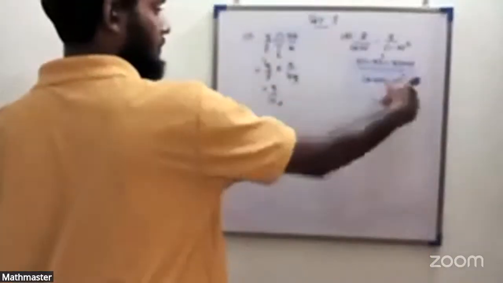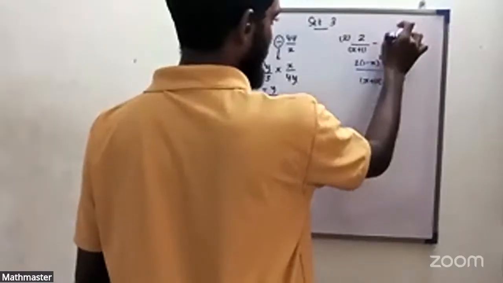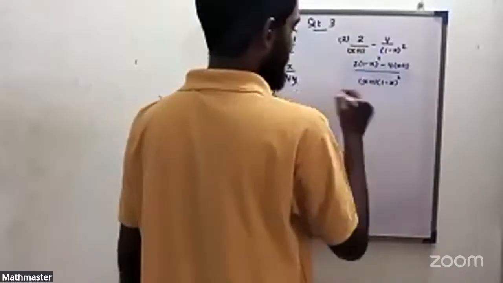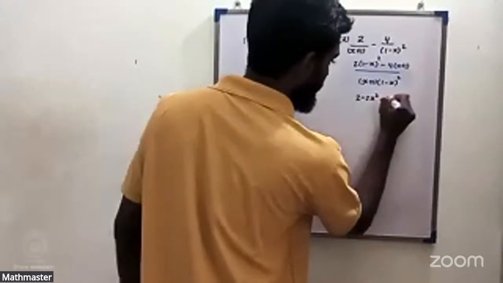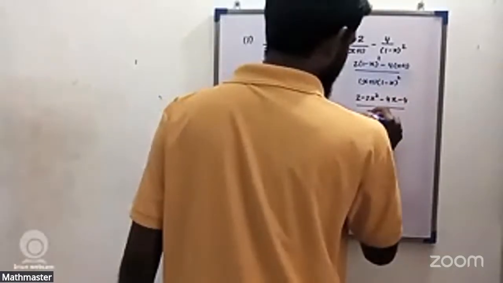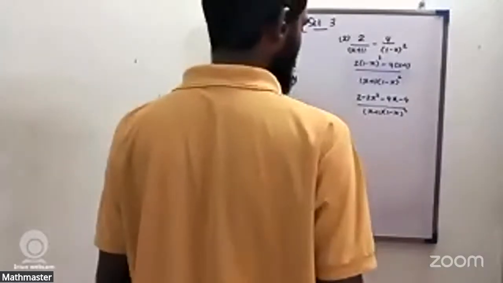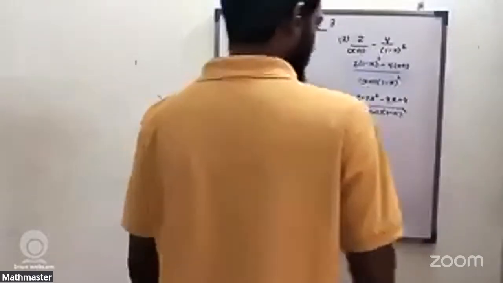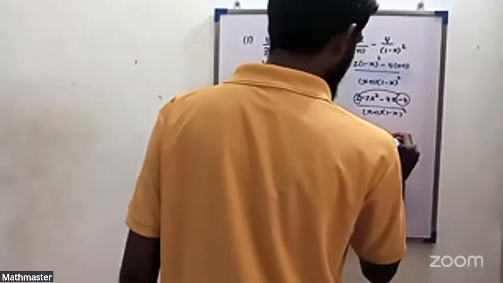So we took the LCM first. 2 has x plus 1, so you multiply it by 1 minus x squared. 4 has 1 minus x squared, so you multiply that by x plus 1. Then you can take these brackets: 2 minus 2x squared minus 4x minus 4 over x plus 1, 1 minus x squared. So here you have minus 2x squared plus 2, and minus 4 becomes minus 2, minus 4x.